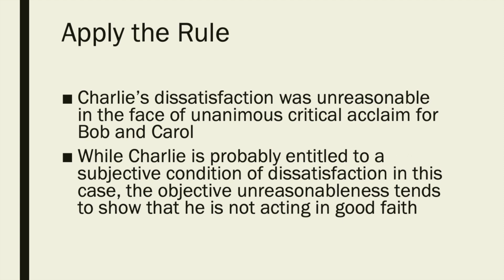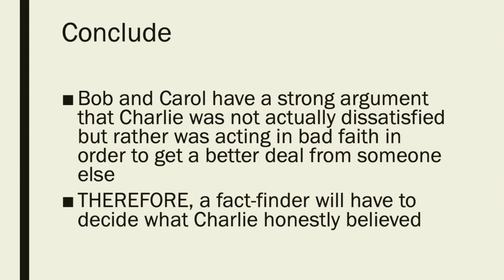So while Charlie is entitled to a subjective condition of dissatisfaction, the objective unreasonableness of his behavior tends to show that he's acting weirdly, not in good faith, not acting honestly. Therefore, Bob and Carol have a strong argument that Charlie was not actually dissatisfied, but was rather acting in bad faith in order to get a better deal from someone else.